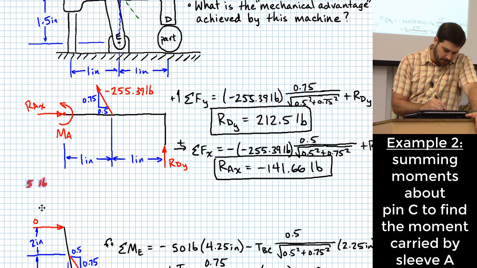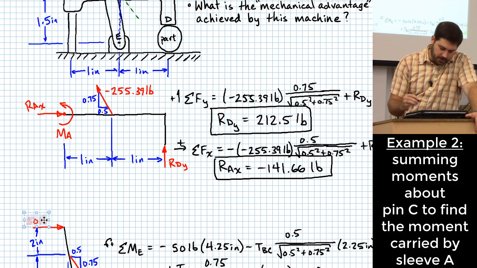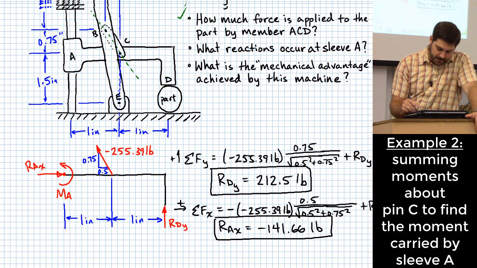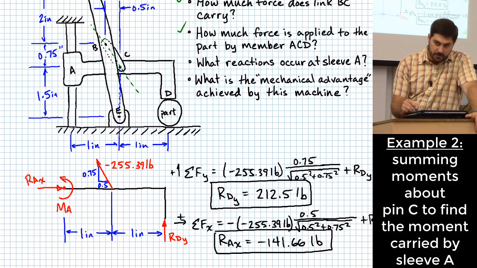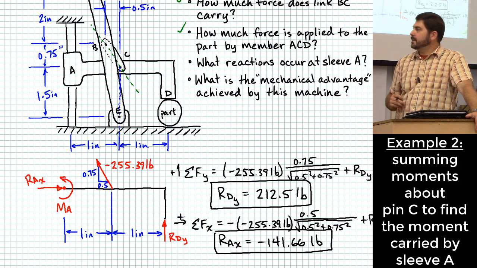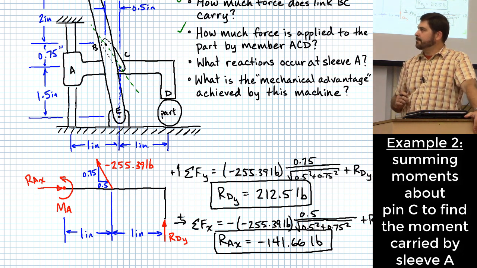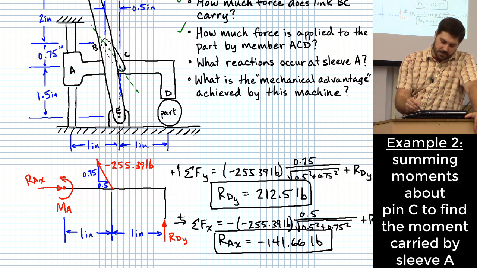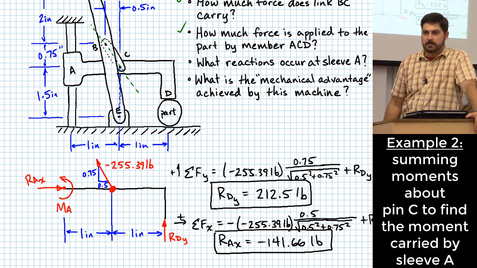Okay, I'm going to sum moments, and you can do it about any point you want. Someone said we could sum moments around point A. Want me to do something that might blow your mind a little bit? Someone says, what if we sum moments around point C?